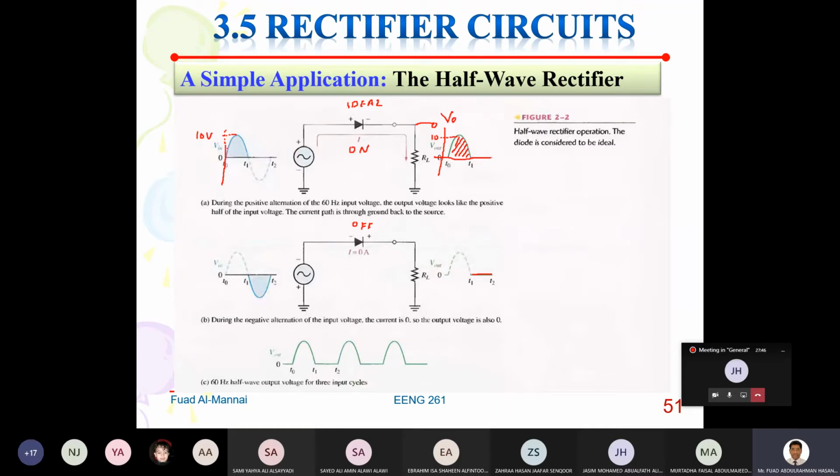When the input voltage is, say, 0.5, the diode will be on, therefore the output will be 0.5 as well. So that means the whole positive half cycle will appear at the output, as you can see from here.